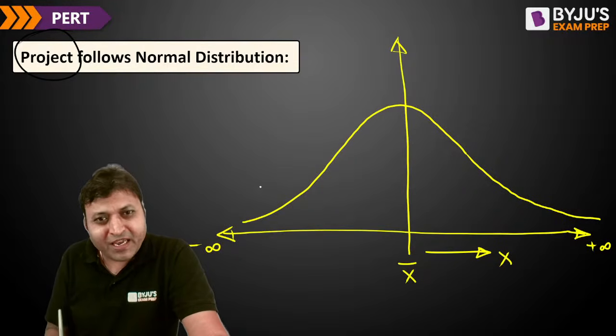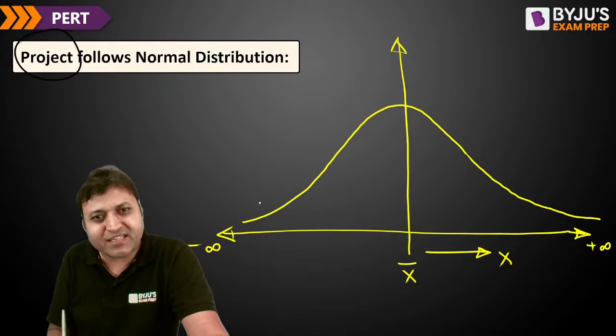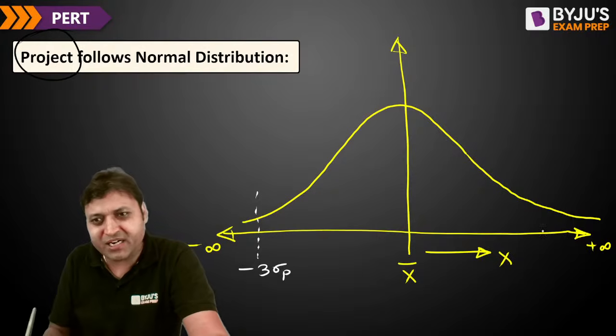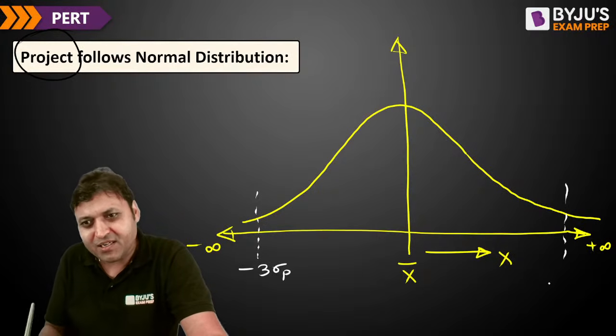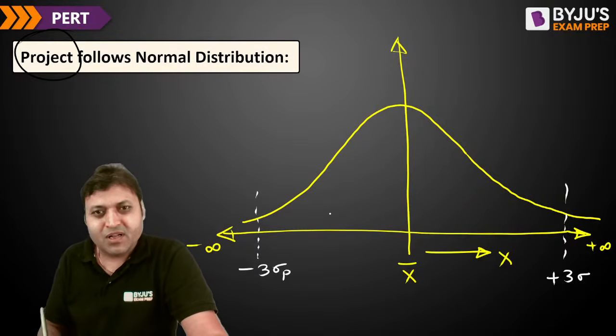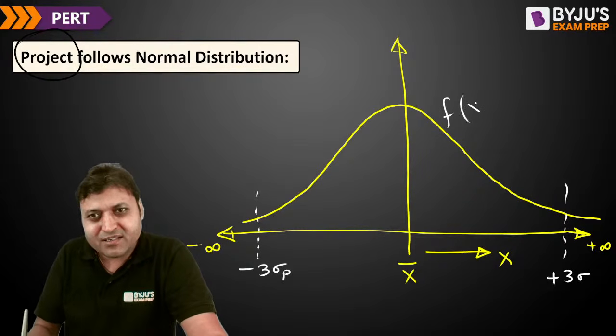Because the curve becomes parallel to the x-axis, we can take up to this portion of the curve, that is plus minus 3 sigma for the project, and this point represents plus 3 sigma. This is f(x).